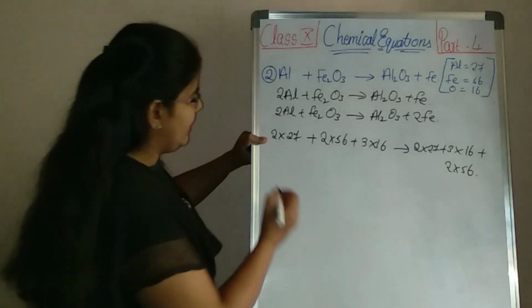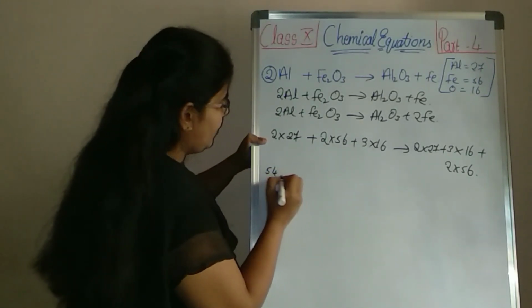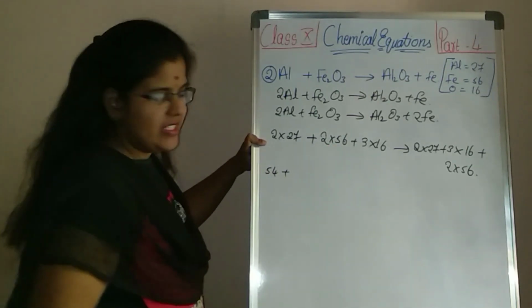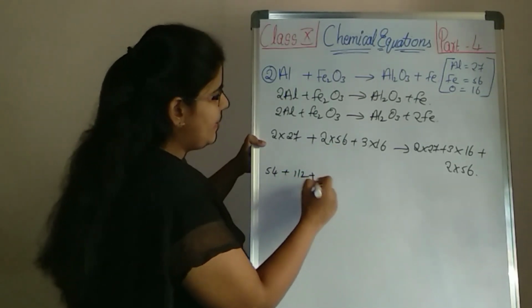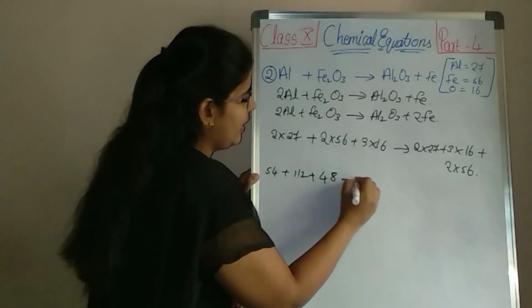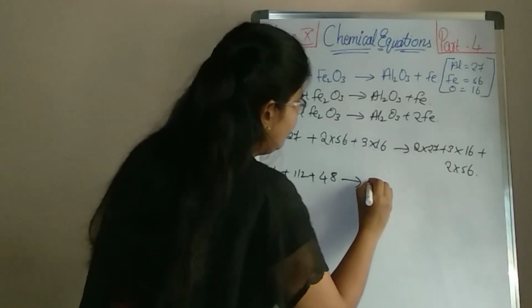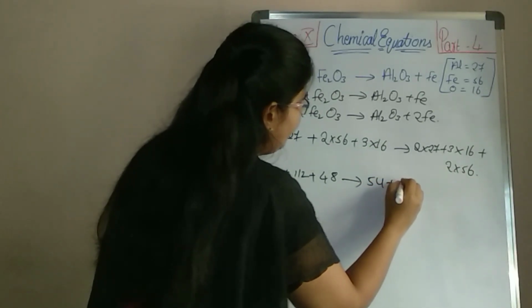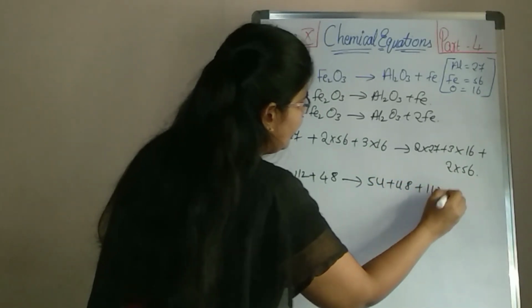Now let us calculate it. 2 into 27 is 54, plus 2 into 56 is 112, plus 3 into 16 is 48. Again the same will come on the other side: 54 plus 48 plus 112.